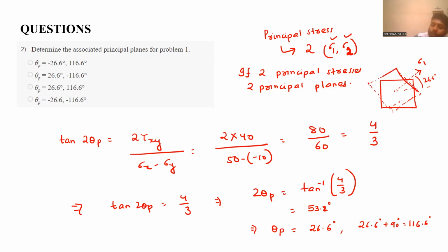And this will be your second principal plane where sigma 2 will be working. And this sigma 1 and sigma 2 are separated by what degree? 90 degree. That is the reason we are adding 90 to get the other theta p.